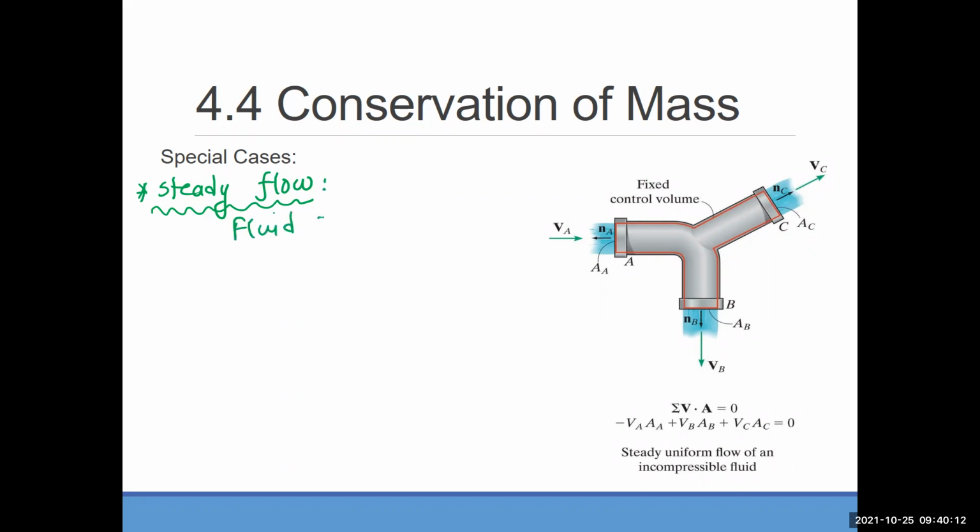Fluid properties don't change over time.